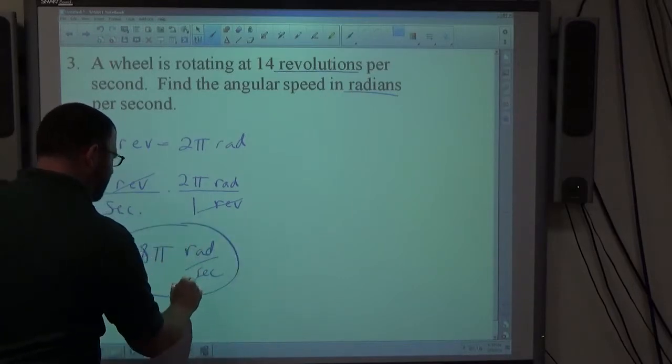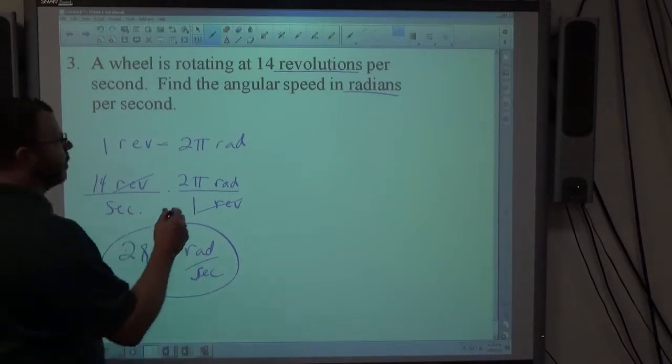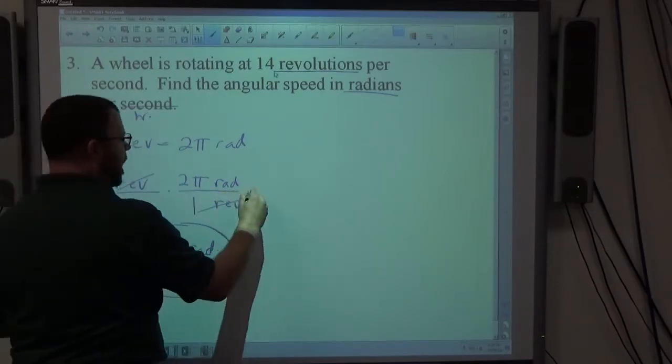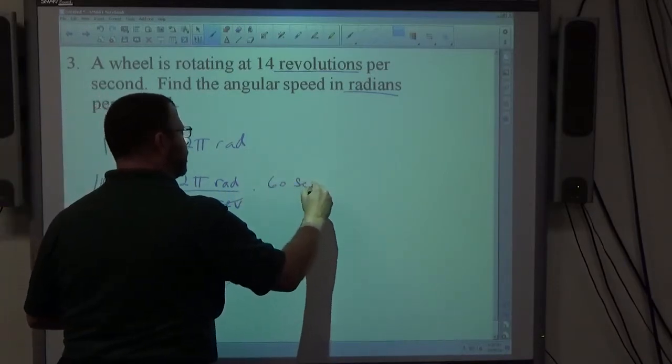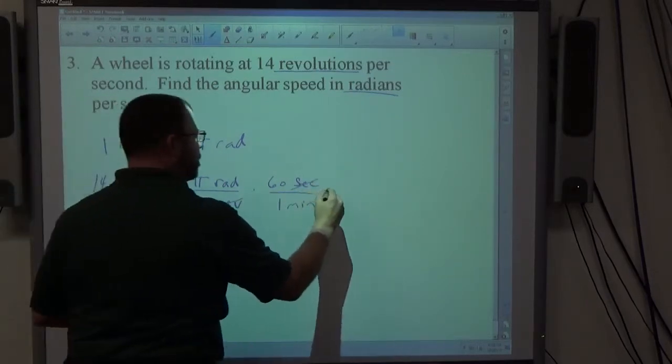I'm not sure it'll be that basic on the test, but angular measure, revolutions, radians, degrees, times, seconds, minutes, hours, it'll be along those lines. It won't be too much conversion. If I had said radians per hour, let's say instead of second, now we've got to change seconds to hours, so 60 seconds in a minute, and then 60 minutes in an hour.